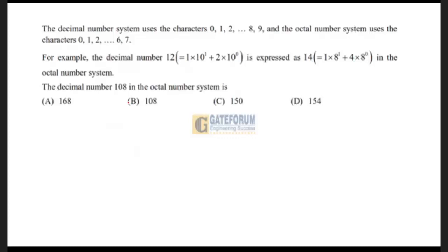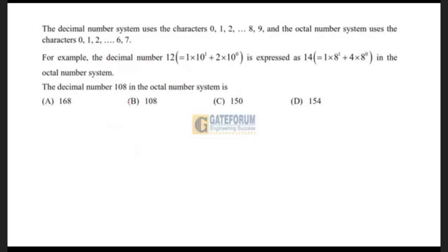So for example, the decimal number 12, which is nothing but 1 into 10 to the power 1 plus 2 into 10 to the power 0, is expressed as 14. Why so? Because 1 into 8 to the power 1 plus 4 into 8 to the power 0 in the octal number system. I hope that is absolutely understood. Okay.